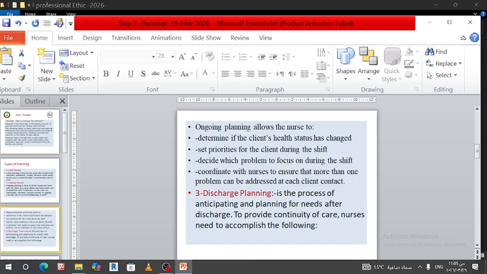Go to the third one, discharge planning, the process of planning for needs after discharge. After discharge, to provide continuity of care, the nurse needs to accomplish the following.